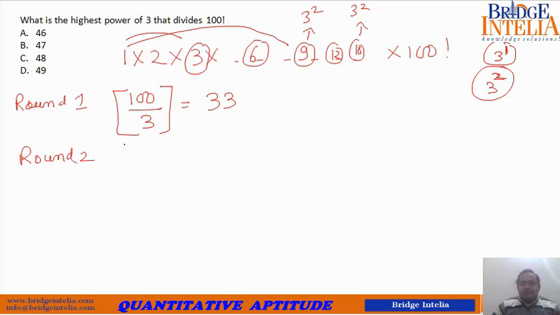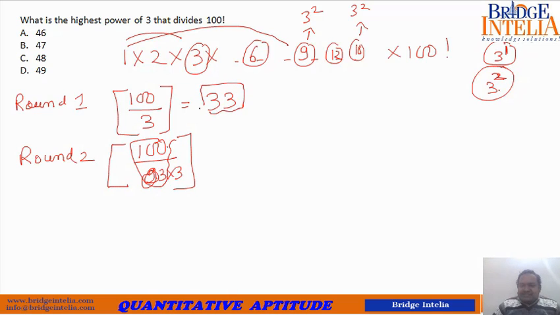So in round 2, how many numbers are going to be picked? 100 by 9. Now what is this 9? 9 is 3 square. So 9 is 3 into 3. Now understand something. 100 by 3 has already given you the result as 33. So now we have to solve 100 divided by 3 into 3.